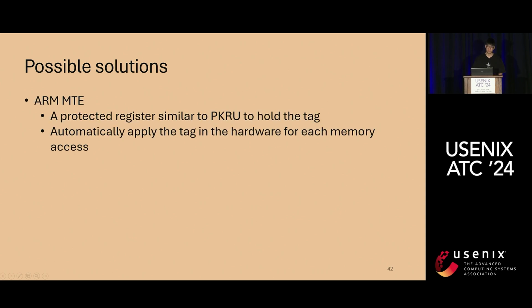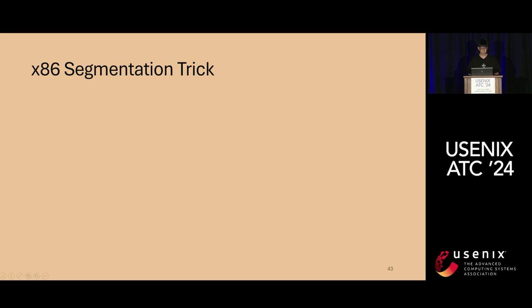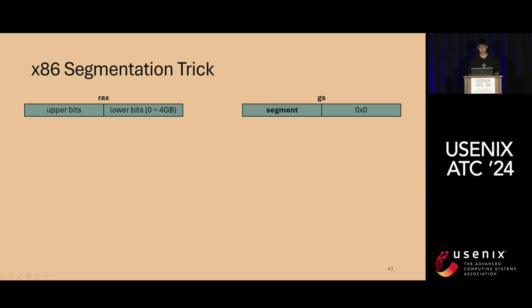A possible solution for MTE: a protected register similar to PKRU can be used to hold a tag and automatically apply it in hardware for every memory load and store. Instead of a general purpose register, here we use a segmentation register to hold a segment.